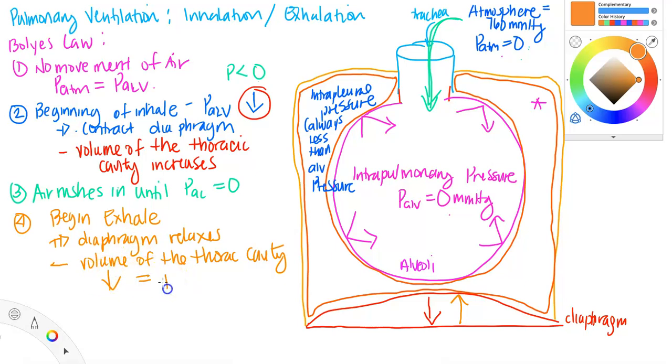When that happens, the pressure increases. Boyle's law.